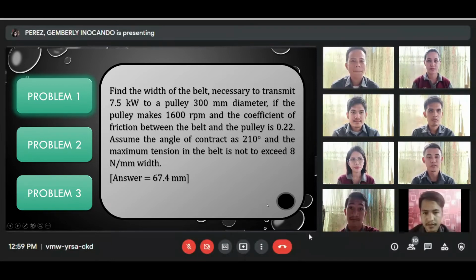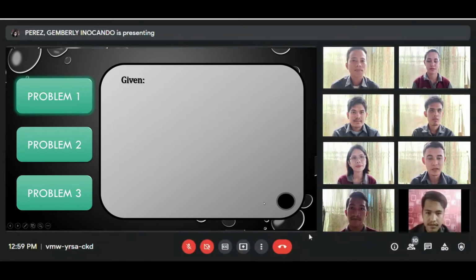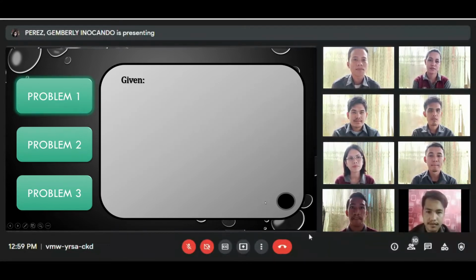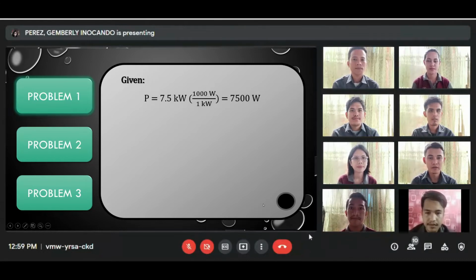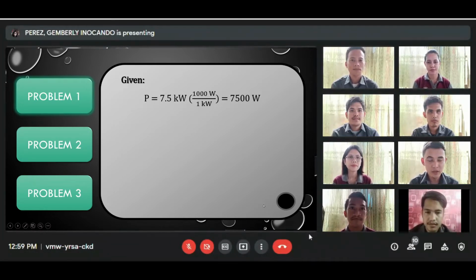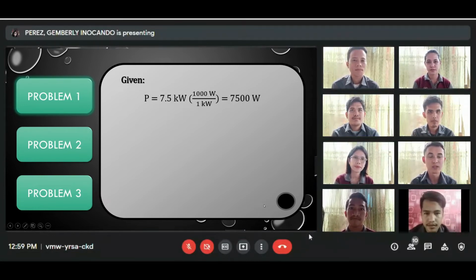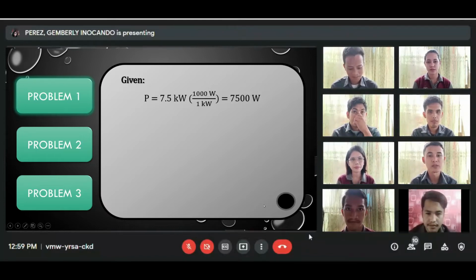So these are the givens. We have our power, P, which is 7.5 kilowatts. Since the unit of P is watts, we need to convert kilowatts into watts. 1 kilowatt is equivalent to 1,000 watts, so this is equal to 7,500 watts.